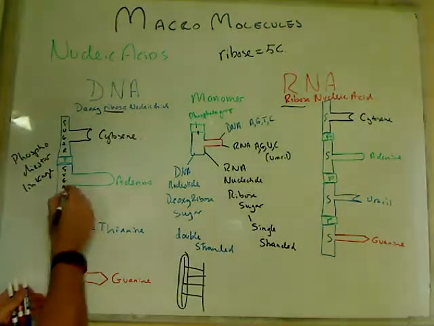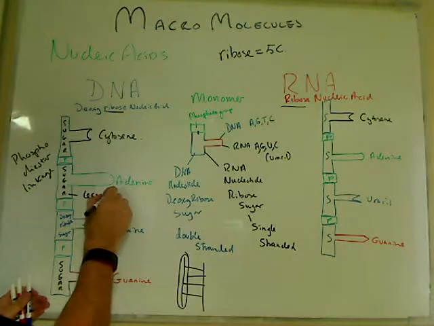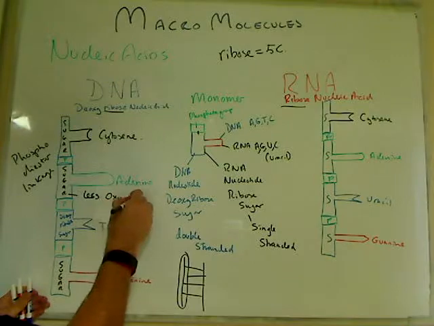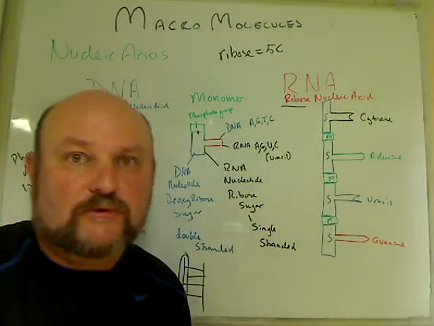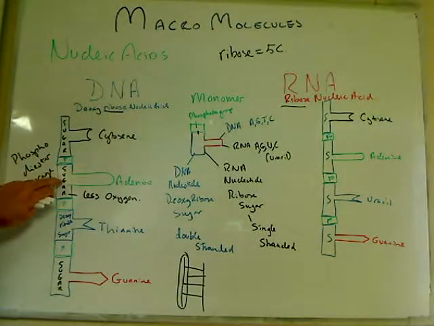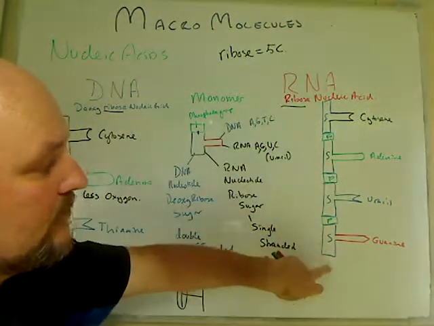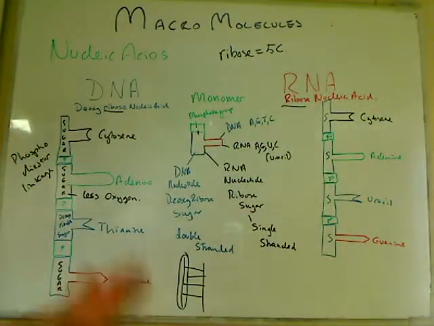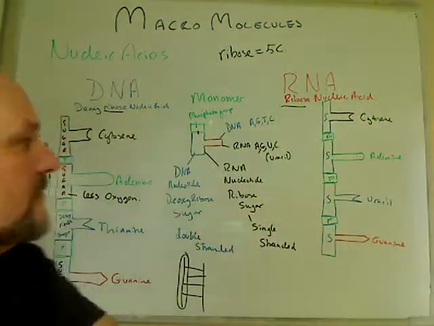So in this sugar molecule it has one less oxygen. So it's a deoxy, one less oxygen in the ribose sugar. So they're structurally very slightly different. So the deoxyribose sugar is the backbone of the DNA, and the ribose sugar makes up the backbone of the RNA, hence the name deoxyribose nucleic acid and ribose nucleic acid.